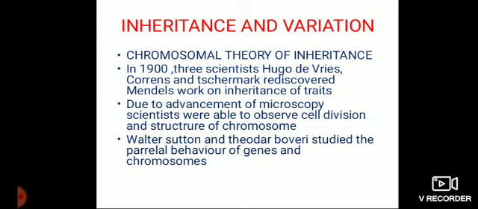Chromosomes are filamentous in nature, found in the nucleus of the eukaryotic cell. Each chromosome is made up of DNA, histone and non-histone protein. The chromosome is made up of chromatin.